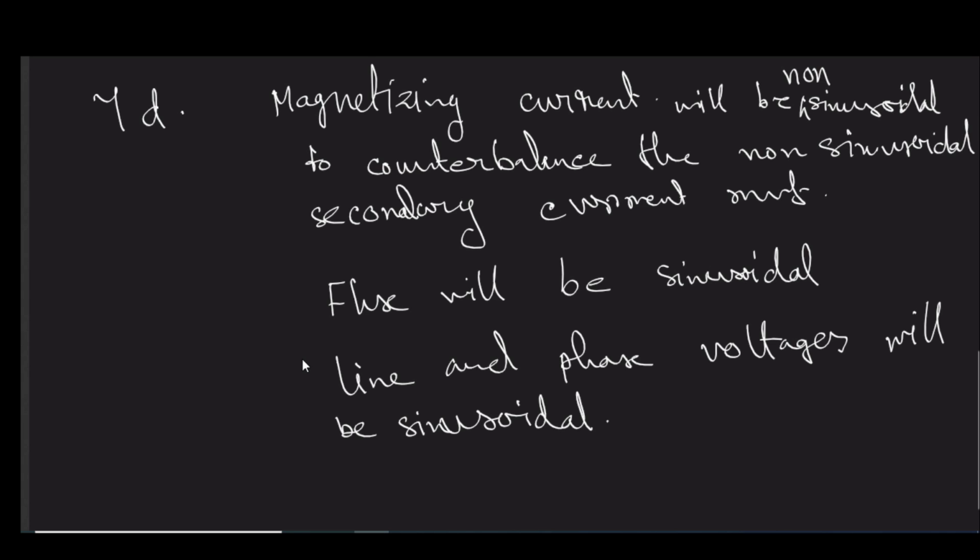Now the primary side line voltage is connected with the infinite path, so that must be sinusoidal. The secondary side line voltage is obliged to maintain a constant proportionality with the primary side line voltage. So secondary side phase and line voltages will also become sinusoidal. Then obviously the primary side voltage must also be sinusoidal in nature, and therefore the flux.